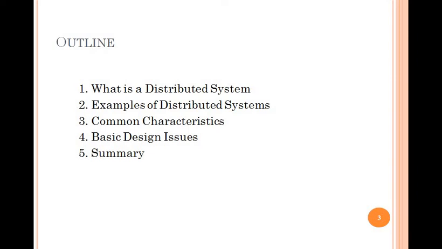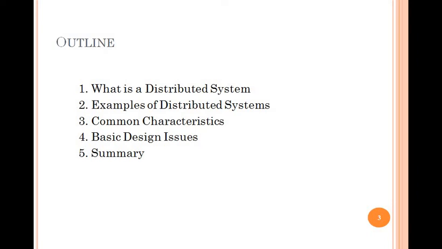So in the first part, we shall attempt a definition of the term distributed system and compare it to centralized systems. For a better appreciation of the issues that are involved in distributed systems, we will review multiple distributed systems that everybody in this class has come across, probably without recognizing that they are distributed systems.